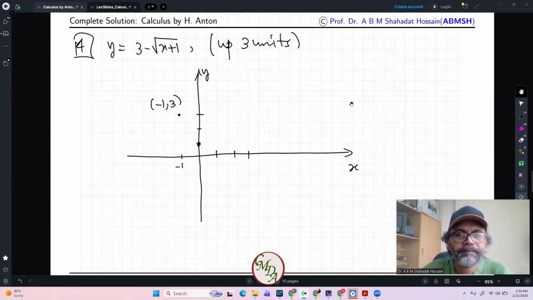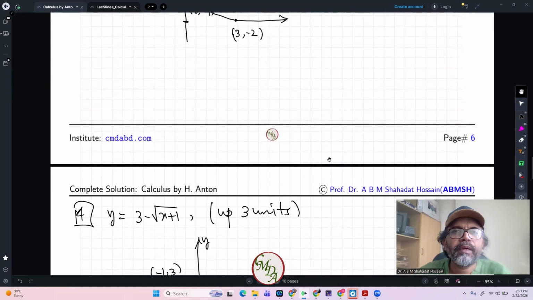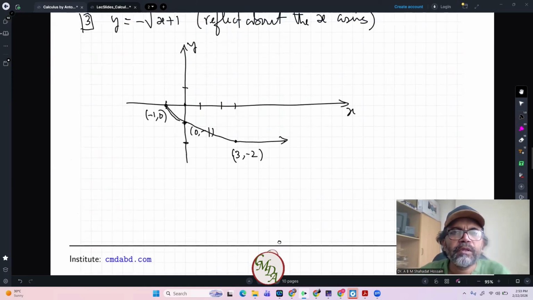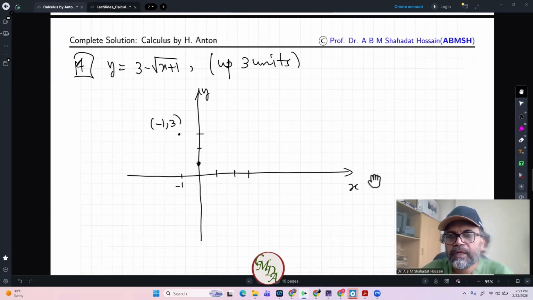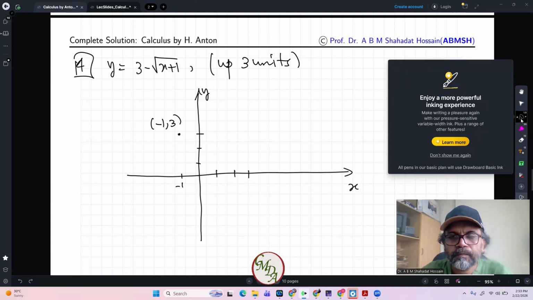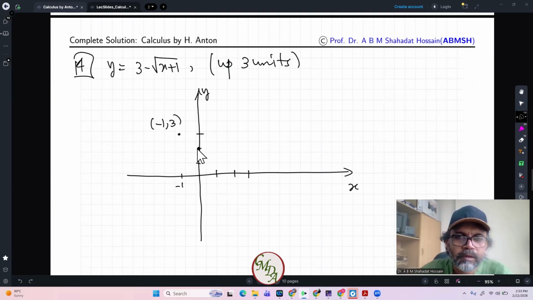Let's have a look again. At -1, 0 it stays 3; at 0 the value was -1, so it will be 2; and for 3, it was -2 previously, now we'll get 1.